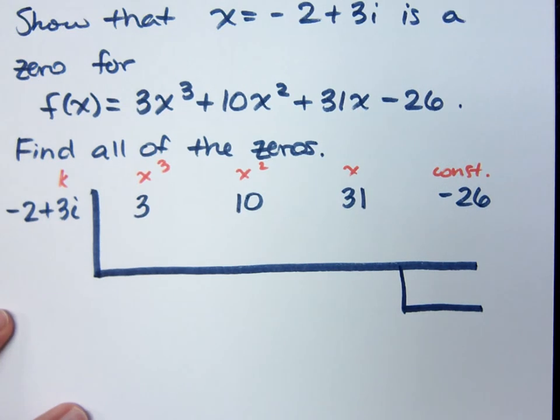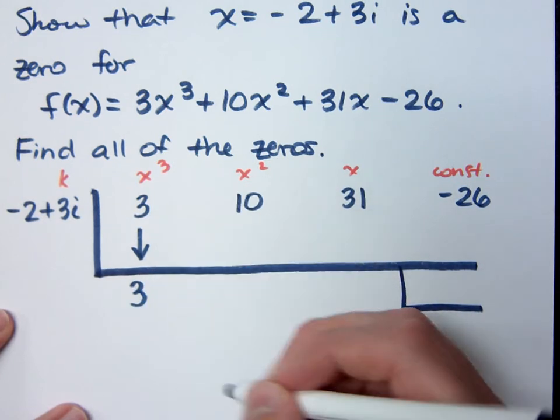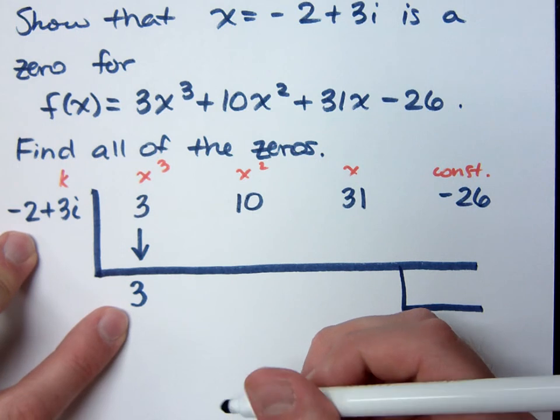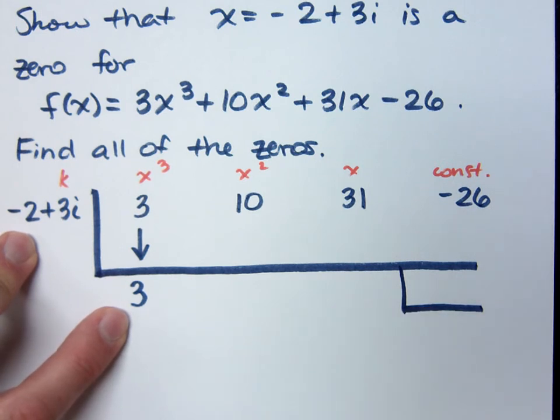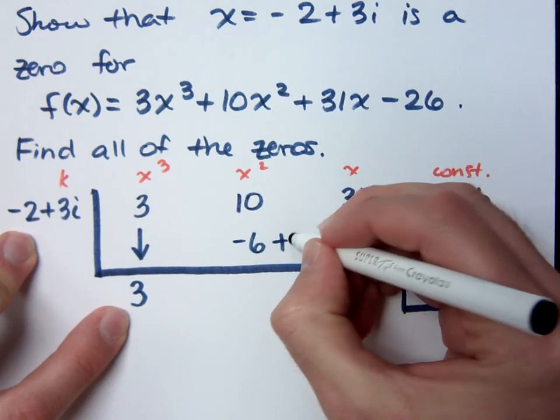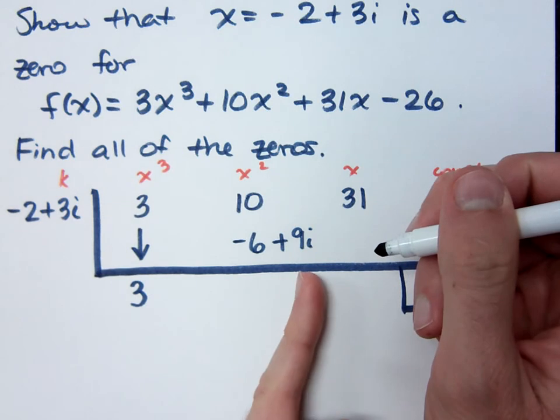What are you going to do first? Bring down the 3. Then what do you do? When I multiply these, what do I have? You go slowly here. I get negative 6 plus 9i. Now notice how I'm lining this up. I'm going to line it up in the appropriate columns.